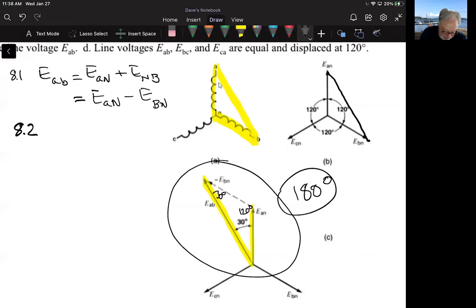Okay. And so 8.2, I want to know what the voltage EBC is. Excuse me, the phase voltage from here to here.